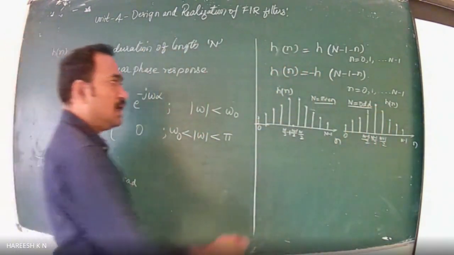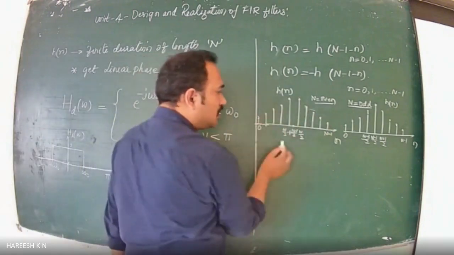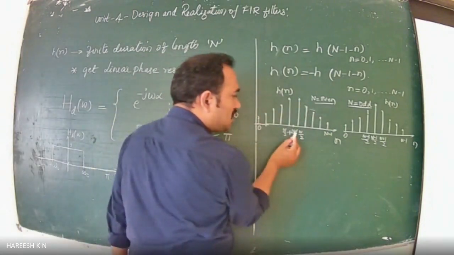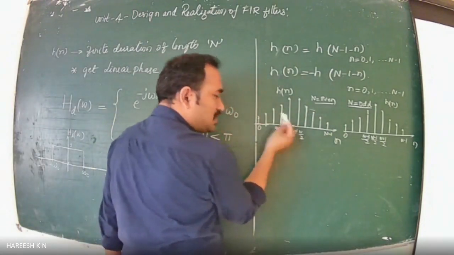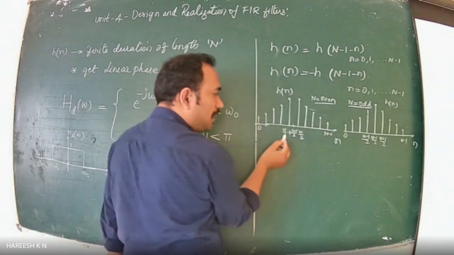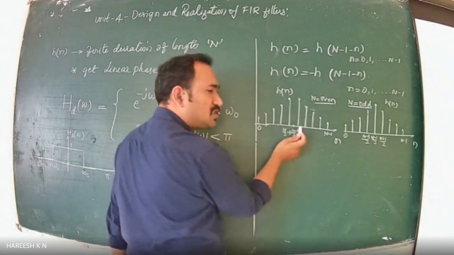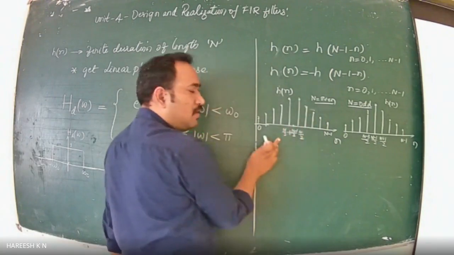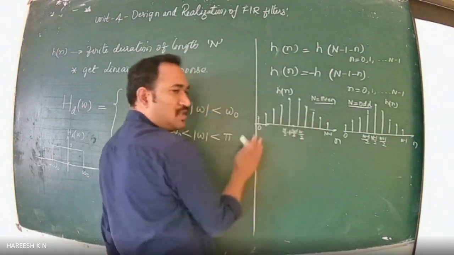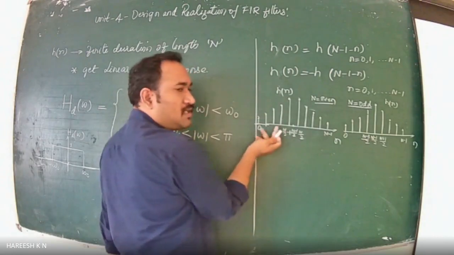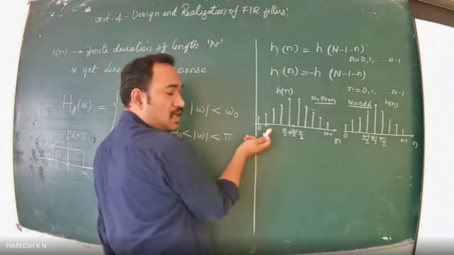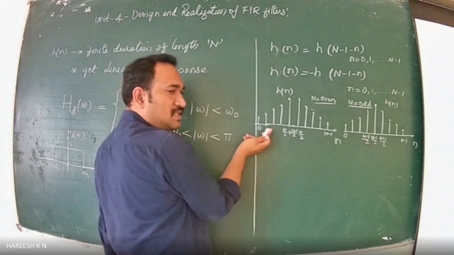Now, you should be observing here, it is 0, the midpoint is (n minus 1) divided by 2, and just before that it is n by 2 minus 1. Here it is n by 2. If this is the n by 2th sample, then the previous sample will be the (n by 2 minus 1)th sample, then n by 2 minus 2, and n by 2 minus 3 sample, isn't it?